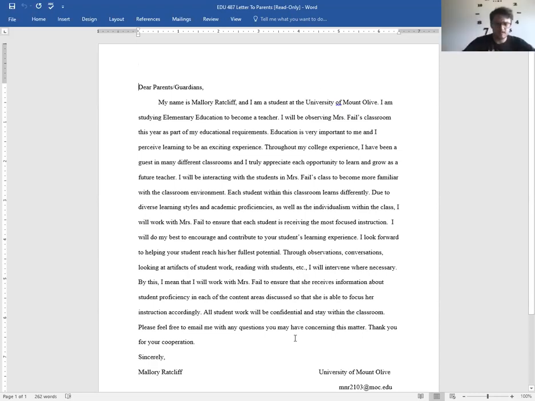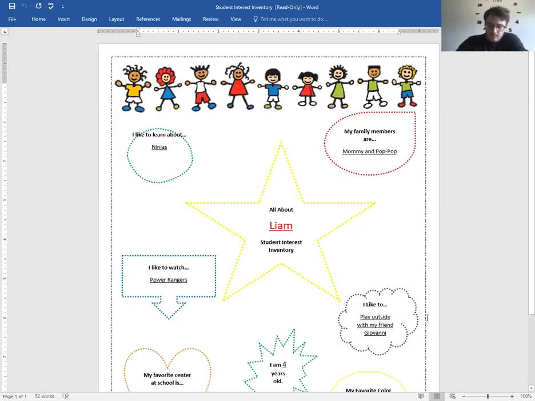Okay, and the next item I'm going to share, if I can locate it, are a couple of interest inventories. Here's one. Very simple. When you talk about an interest inventory, what you're looking at is what are the students' likes, dislikes, and what are their interests.